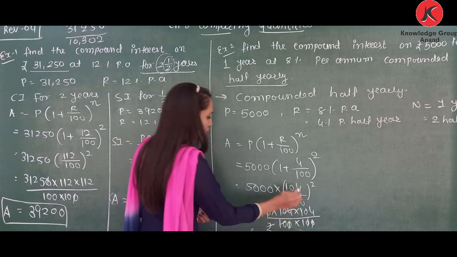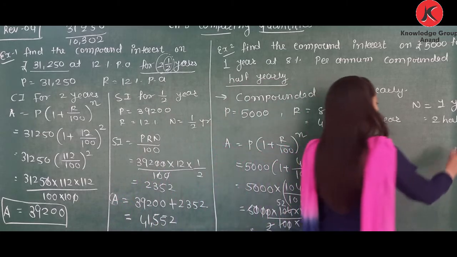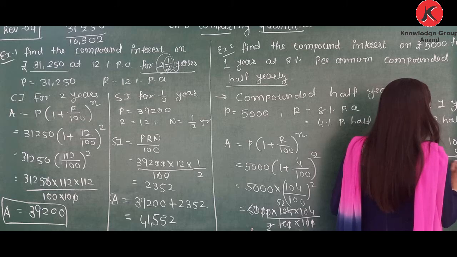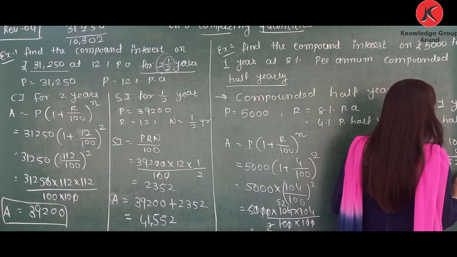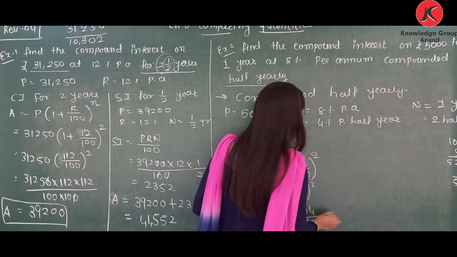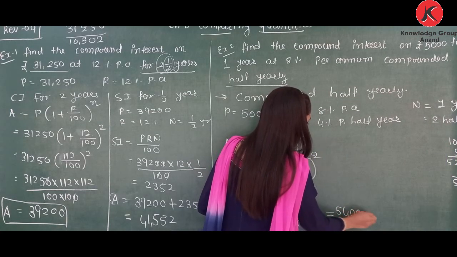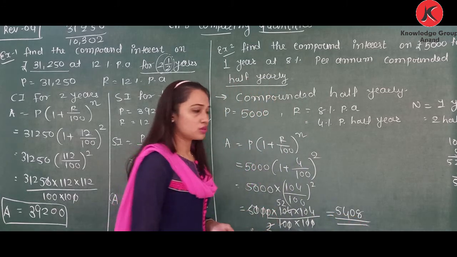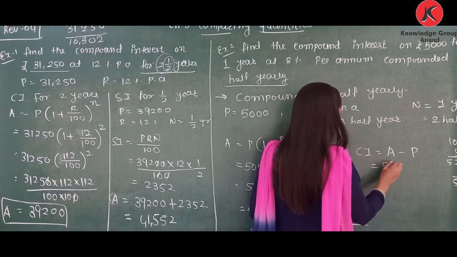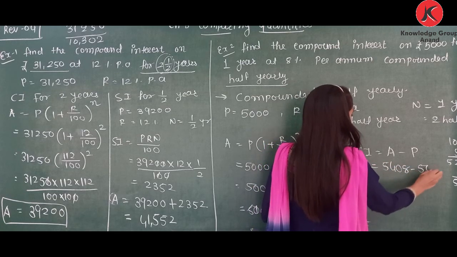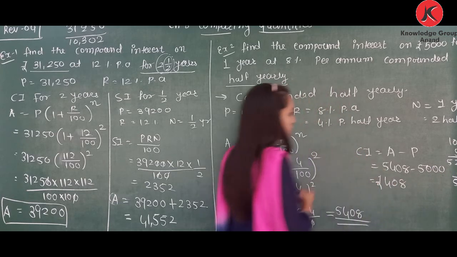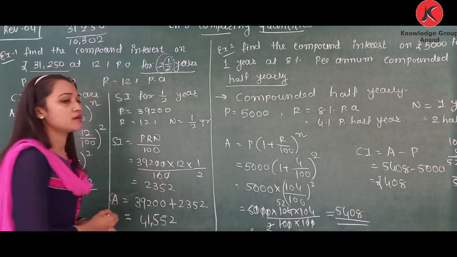Here 5, 104 multiplied by 52 gives 5408. This is the amount. So compound interest is amount minus principal value. So it is 5408 minus 5000, so 408. This question can be asked for 2 marks or in MCQ.